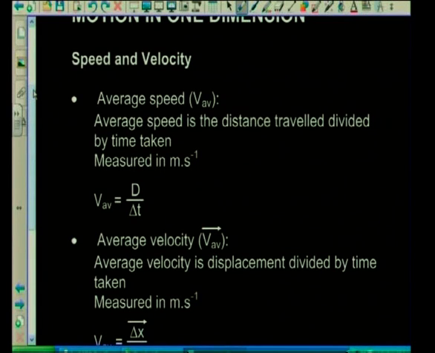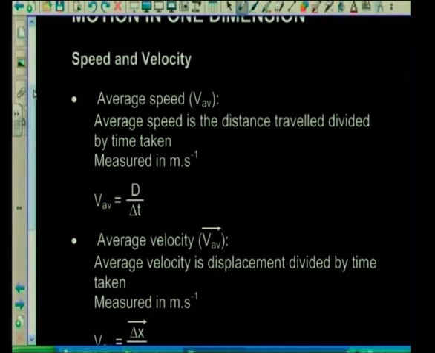Okay, so why is that important? Because we need to know distance and displacement for speed and velocity. Speed is a scalar, and if we're looking at average speed, it is the average distance divided by the time taken, measured in meters per second.